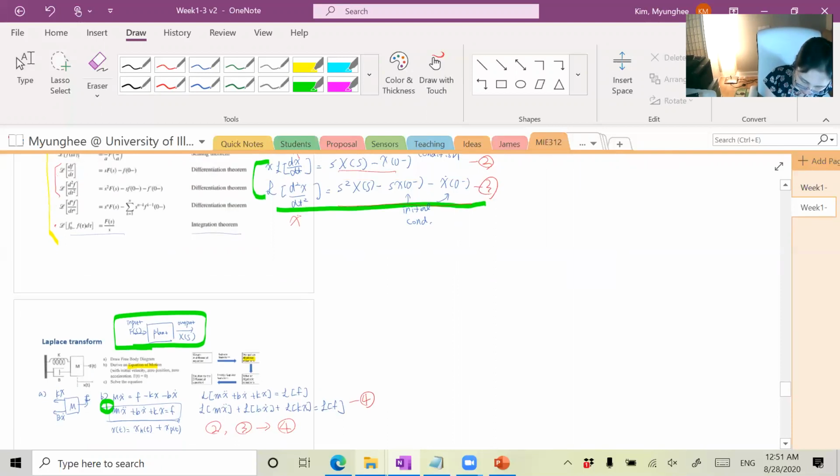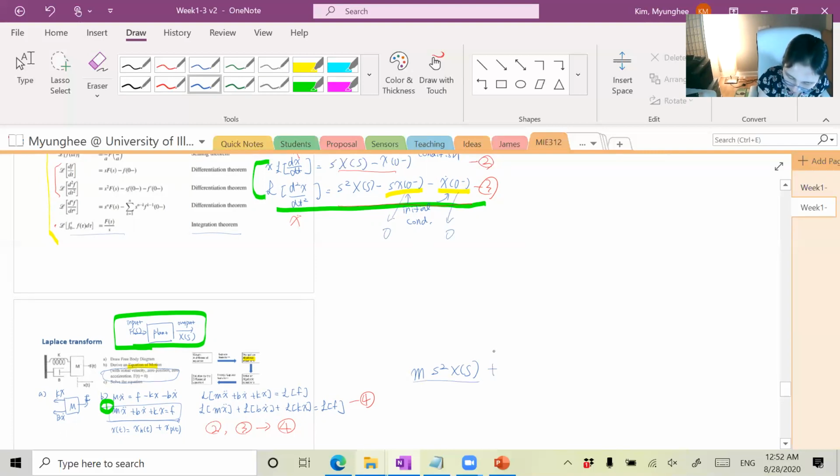Then it becomes m s squared X(s), and with the 0 initial condition, this part, the yellow part, becomes 0. So it has only this part.